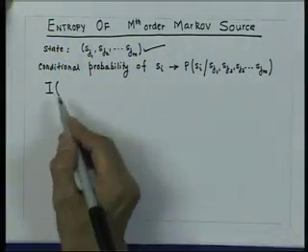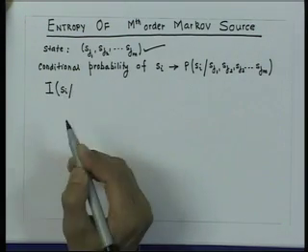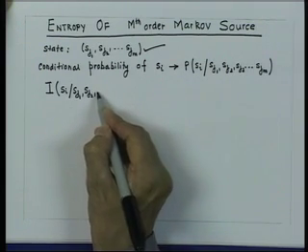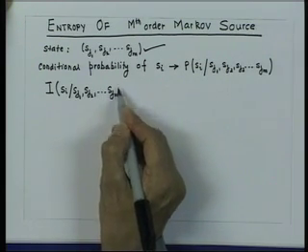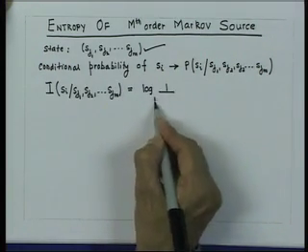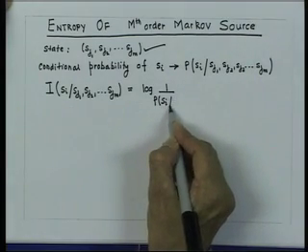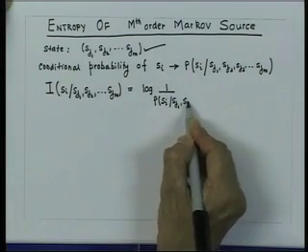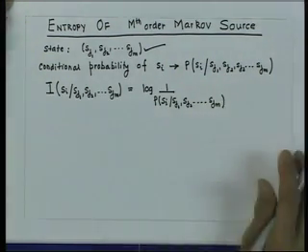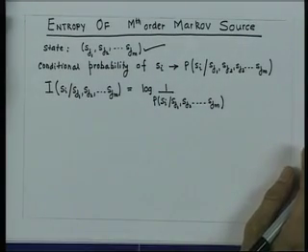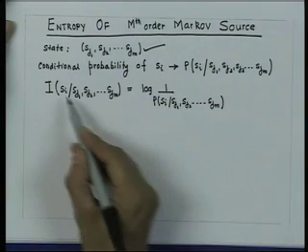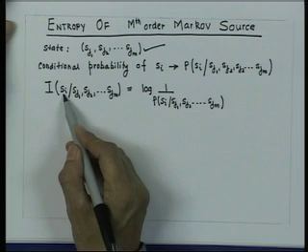This denotes the self information, which is nothing but, by definition as seen earlier, log of 1 by the probability of Si given Sj1, Sj2 up to Sjm. So, this is the amount of information which I get on occurrence of a particular symbol Si.